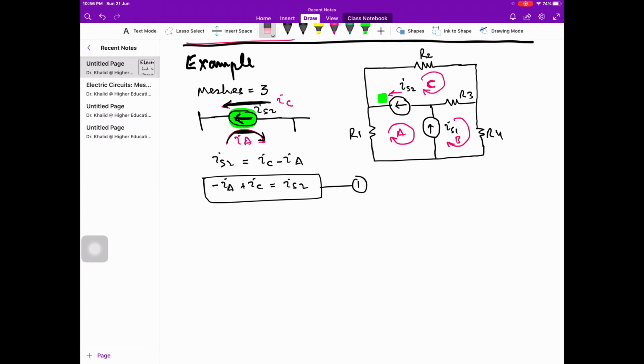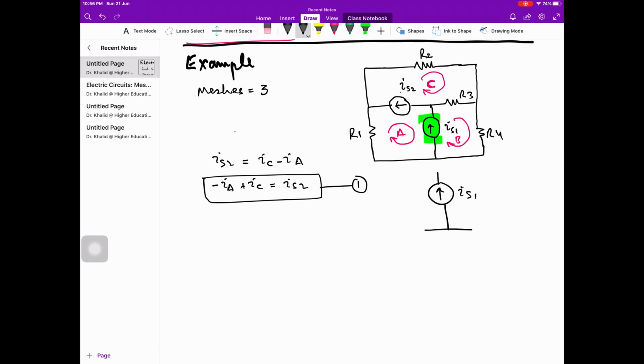Now look at the current source over here. Look at the original circuit diagram, this current source IS1 in the upward direction.